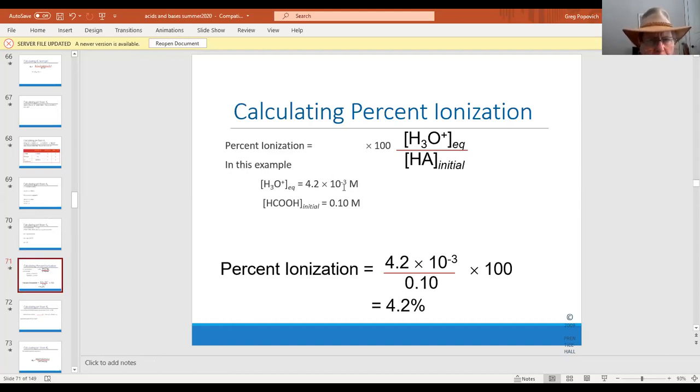Let's use the real example. Here's the example I just did. If I divide 0.015 by 0.1 and multiply by 100, I get 15%.